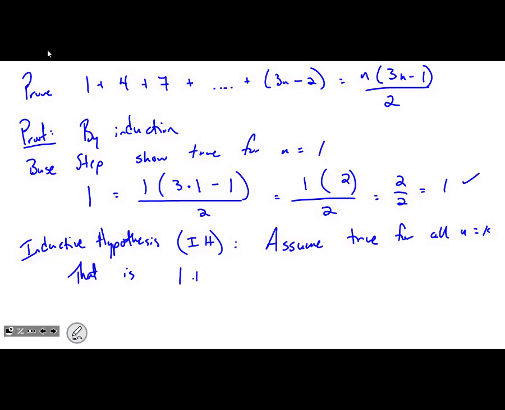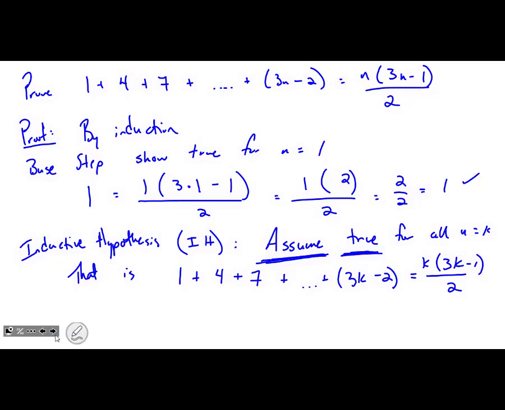That is 1 plus 4 plus 7 plus 3k minus 2 is equal to k times 3k minus 1 over 2. And it's important that I get to assume that this is true. I haven't proven anything yet, but for the benefit of the doubt, I'm going to assume that my inductive hypothesis is true and then move to the induction step.